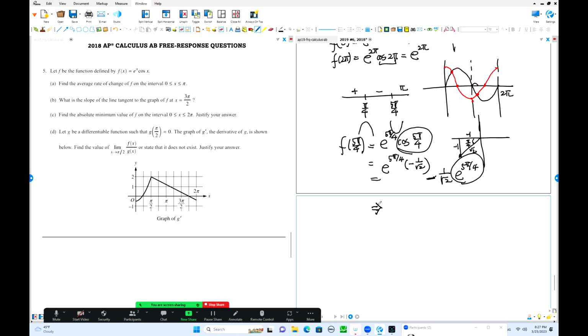The absolute minimum is what? Negative e to the 5 pi over 4 over square root 2, okay? That is the absolute minimum. This one is a lot of work. Let me check this, okay? Yes, it's negative, right?